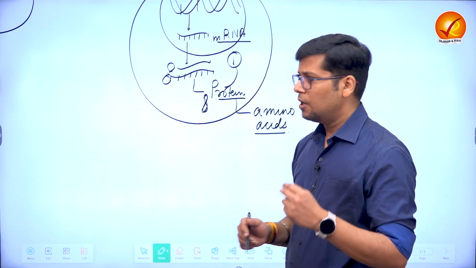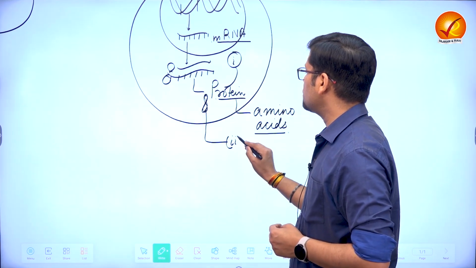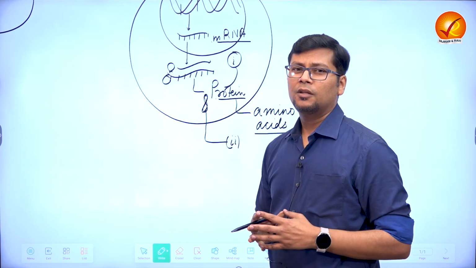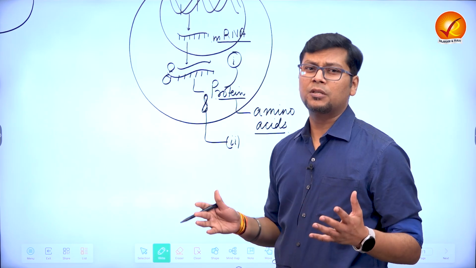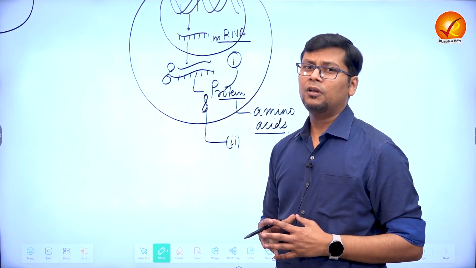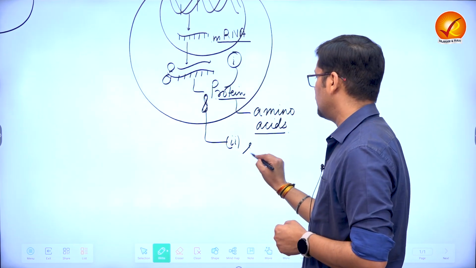Two, the protein produced could, right after the production, be thrown out of the cell to travel through your blood circulation to reach different parts of the body, called extracellular or secretory proteins.